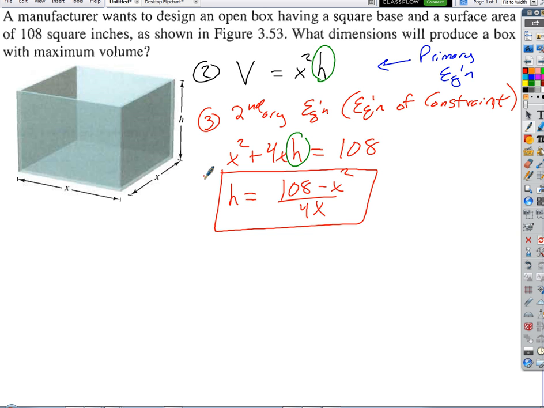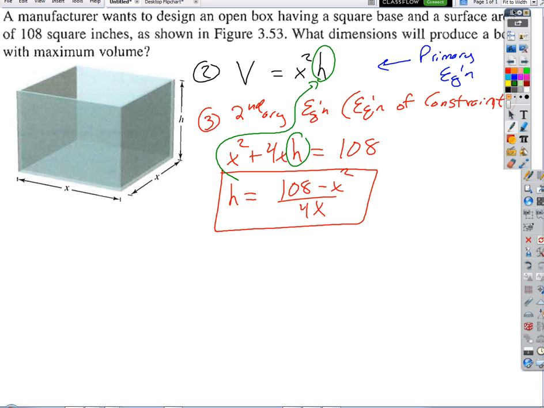And so now, what do you think the end of step 3 is? Plugging it in. Right, so we're going to take this value of h and plug it in there, and we're going to come up then with a reduced primary equation. Primary equation as a function of a single variable, right?